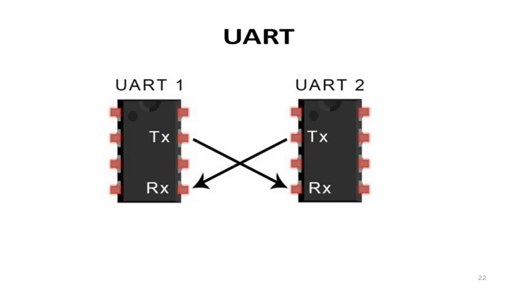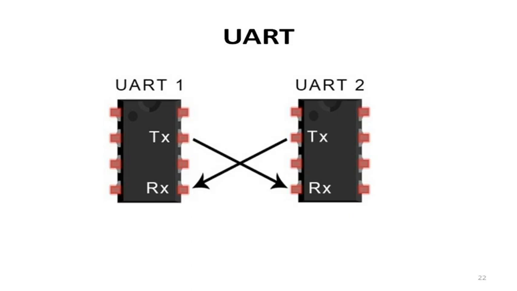Means UART1 will transmit the data to UART2, which then converts the serial data back into parallel data for the receiving device. Only two wires are needed to transmit data between two UARTs. So data flows from the TX pin of the transmitter UART to the RX pin of the receiving UART.